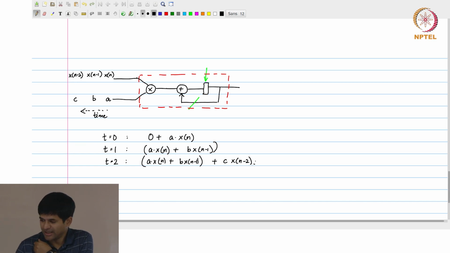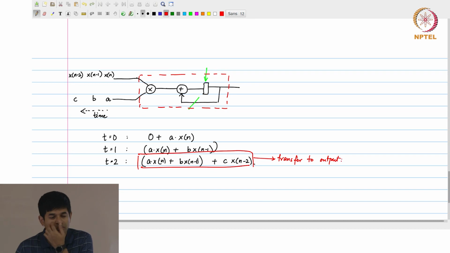And at this point I can basically say, take this and transfer to output. What should happen at t equal to 3? I should once again do 0 plus a into x of n plus 1.